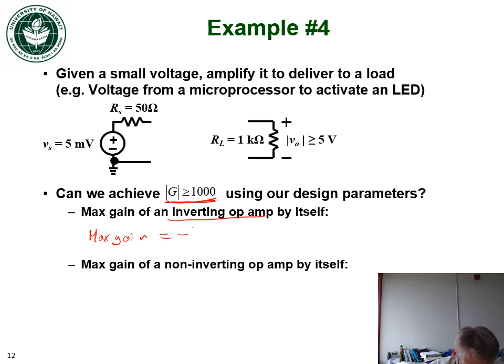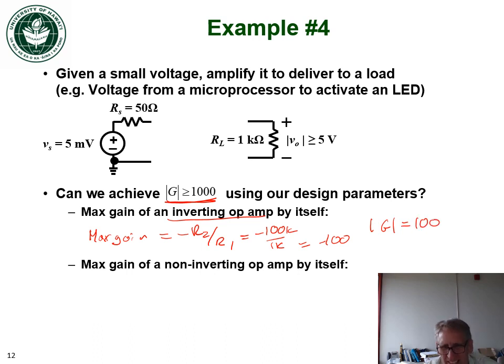Max gain is equal to minus R2 over R1, which would be equal to minus 100K over 1K, which would be minus 100. In other words, the magnitude of the gain is 100. So that doesn't meet the spec of 1,000.